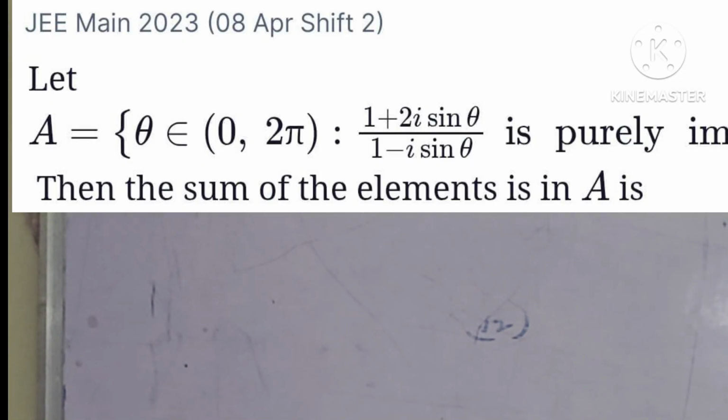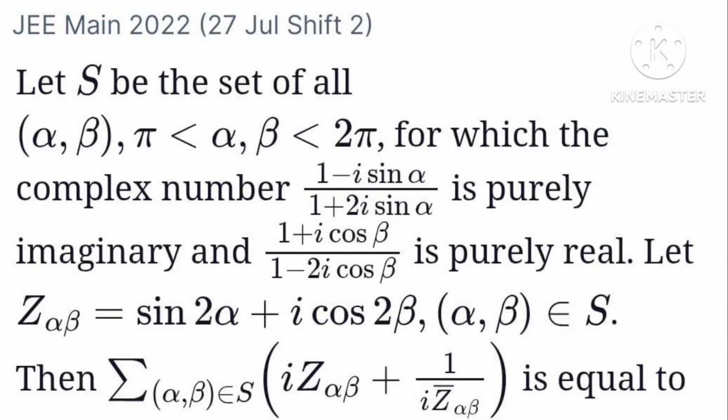So this sum is a similar sum. Let S be the set of all alpha, beta, with pi less than alpha, beta less than 2 pi, for which the complex number 1 minus i sin alpha by 1 plus 2i sin alpha is purely imaginary, and 1 plus i cos beta by 1 minus 2i cos beta is purely real.